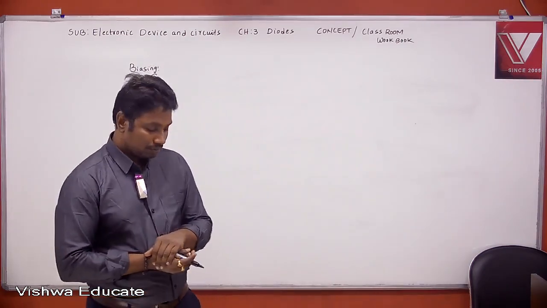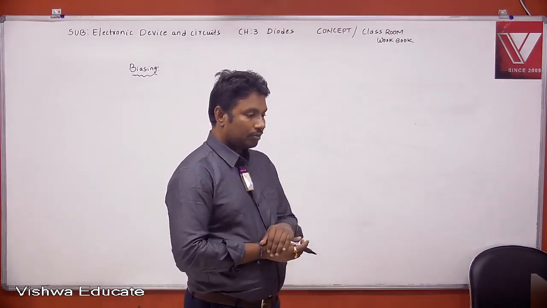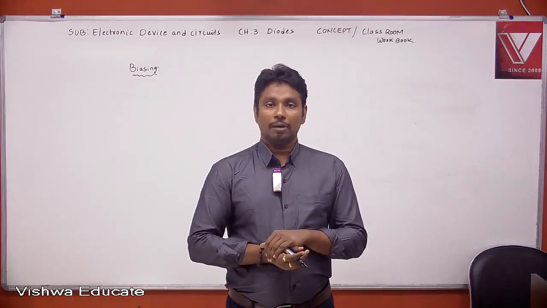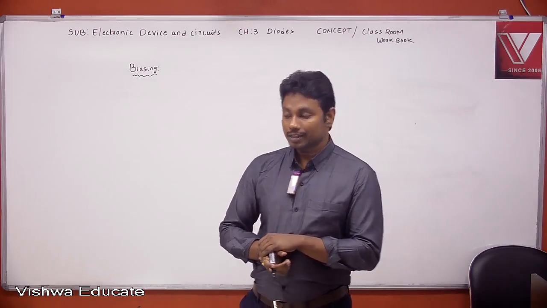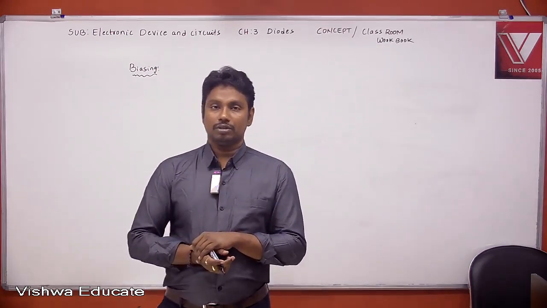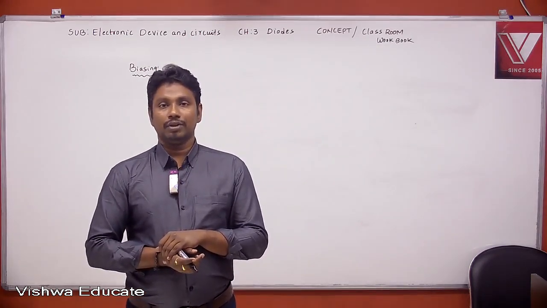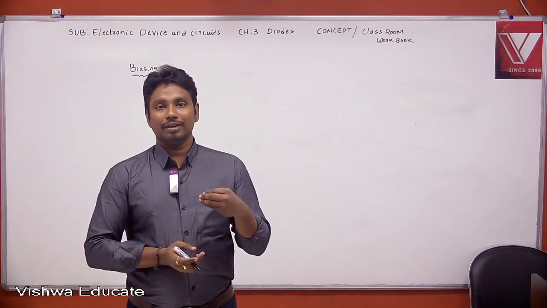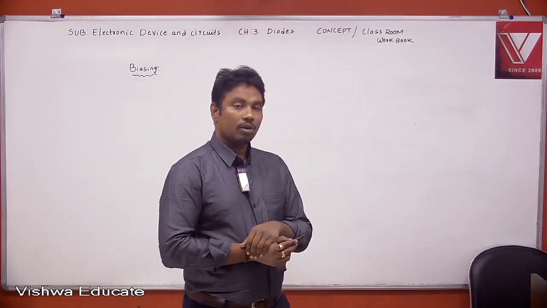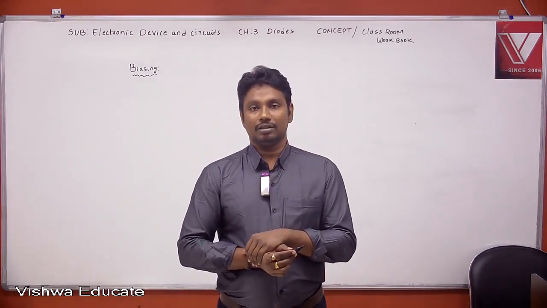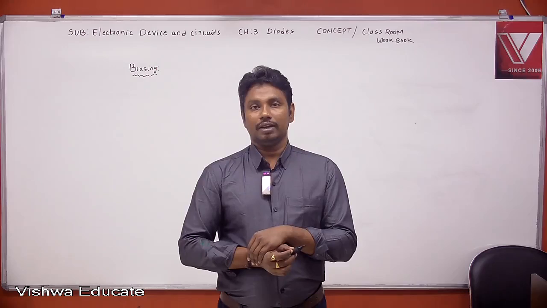Biasing refers to applying an external DC voltage due to which the device can operate in the desired region.